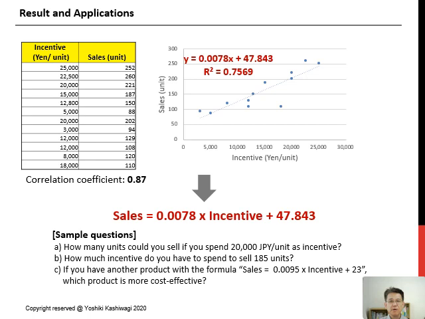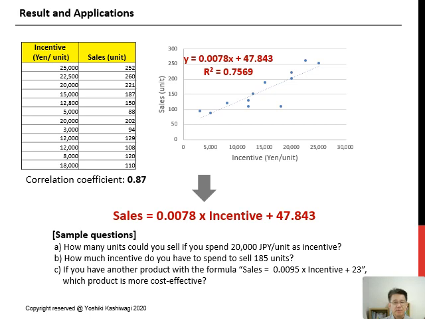If there are any guideline rules for how to see the R-squared, there is no rule. You do not have any strict rule, like it should be higher than 0.5 or 0.7 or something like that. But you can check the reliability or usefulness of this formula by looking at R-squared.